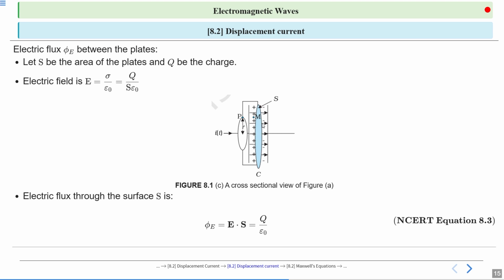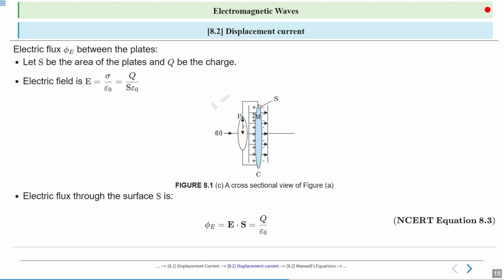This surface is placed exactly along the plates of the capacitor, exactly perpendicular to the electric field. So E dot S will become ES cos 0 degree, because of the angle between the electric field and the area vector.